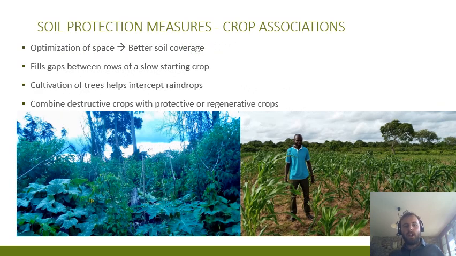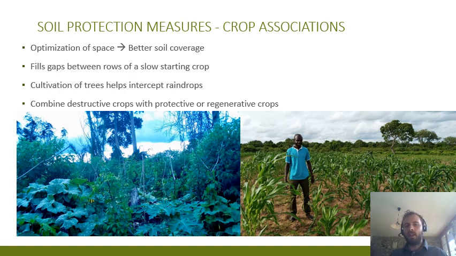So first, we can plant crop association. This will optimize space, and by doing so, you will have a better soil coverage, and thus you will protect the soil from erosion and from contact with the air. You will also be able to fill the gap between rows of a slow starting crop to also protect the soil.